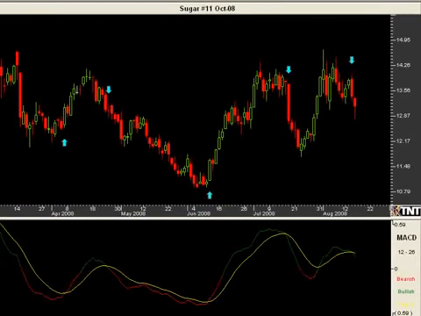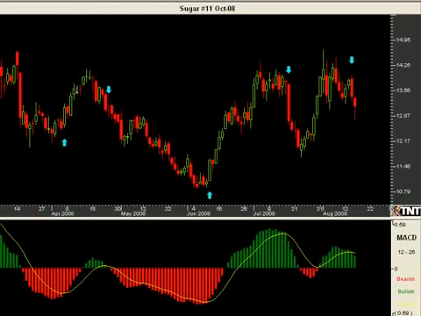The line chart would look like this, where it's the same idea, but it just highlights the extreme of the histogram. This other line we see on here, this yellow line, is known as the trigger line. That is yet another exponential moving average line, and it's supposed to tell you when you should buy and sell the market.